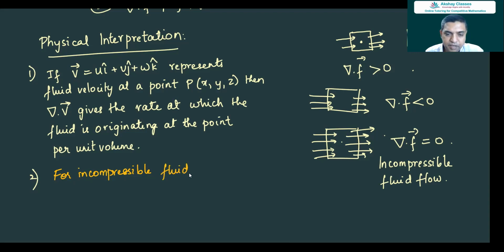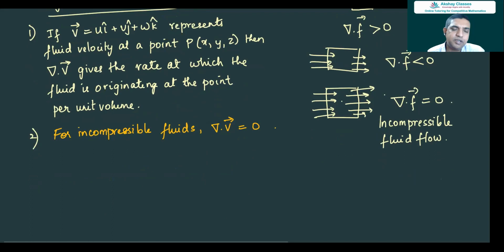So for incompressible fluids, del dot V will be 0. And this is the continuity equation, what we call the differential equation of continuity for incompressible flow in fluid mechanics.